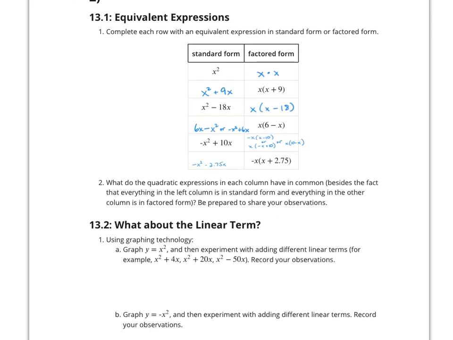Now, some things I want to point out for what the quadratic expressions in each column have in common. Let's take a look at all the quadratic expressions in standard form first. What do we notice that they have in common? Well, in every single one, there's a squared term and a linear term. There is no constant term.